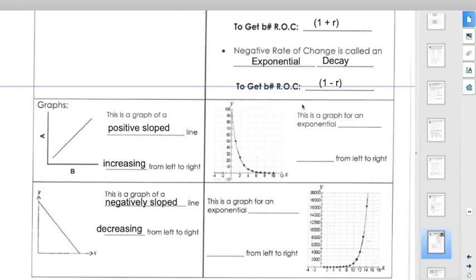Let's take a look at exponential functions. So again, I always look left to right. Well, what's happening left to right? Starting over here, like I'm reading a book, going right, it's definitely decreasing. It decreases from left to right. So this would be a graph for an exponential decay.